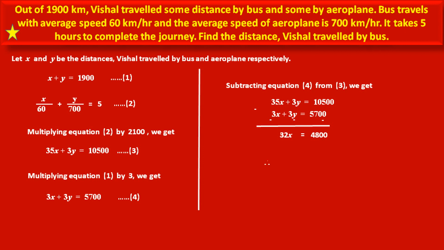Dividing both sides by the common factor 32, we get x is equal to 4,800 upon 32, so it is 150. So the value of x is 150. Now what is x? According to our assumption, x is the distance traveled by bus, and therefore now we have our answer. The distance we shall travel by bus is 150 kilometer.